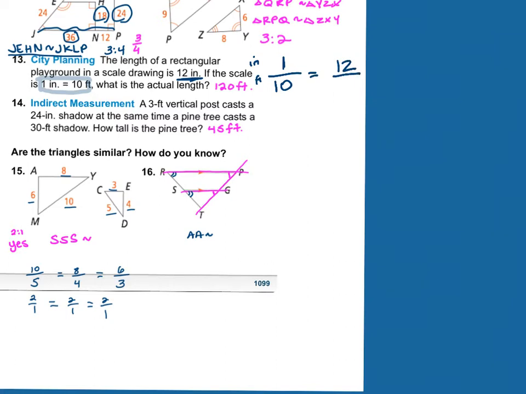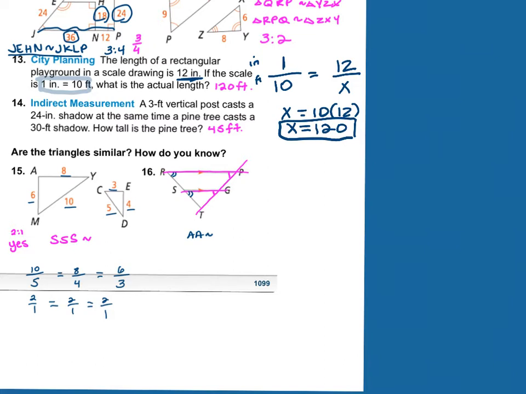And the feet, which is the thing you're trying to find, is going to be your variable. So you can either multiply straight across, or you can cross multiply. 1 times x is x, and 10 times 12 is 120. So you just got to figure out your ratio. There it went inches to feet. So you want to continue in that pattern, inches to feet.